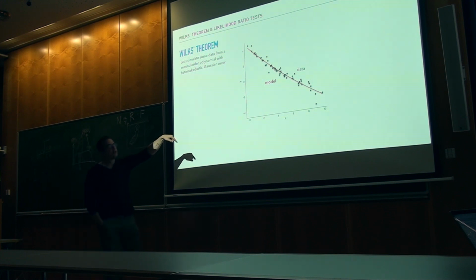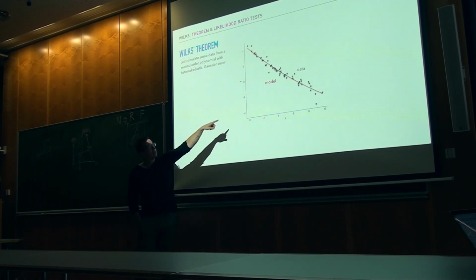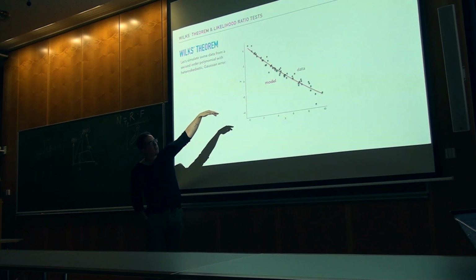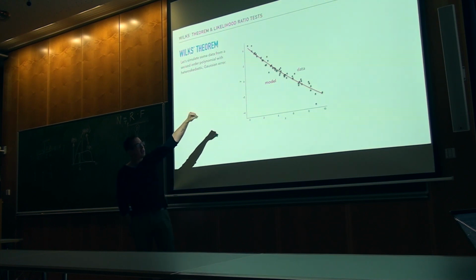So here I've generated some synthetic data from a second-order polynomial, and you can see the slight bit of curvature here. I've given it heteroscedastic error, so the errors are different along each data point. The true model is shown there in red.